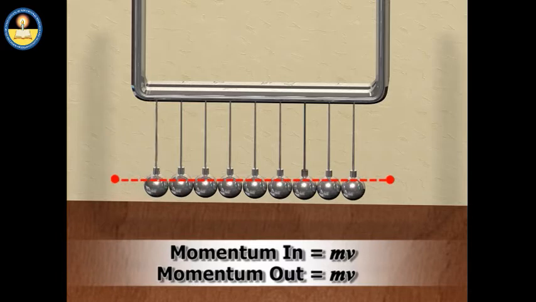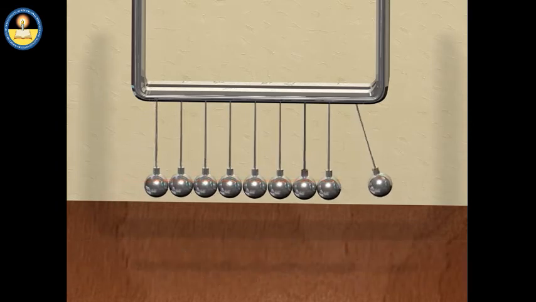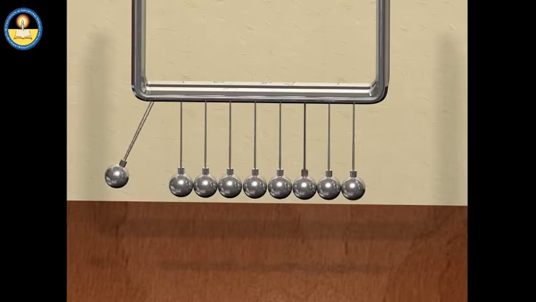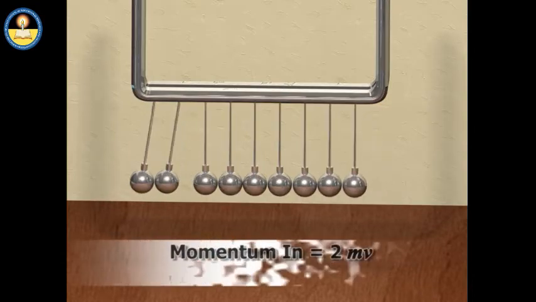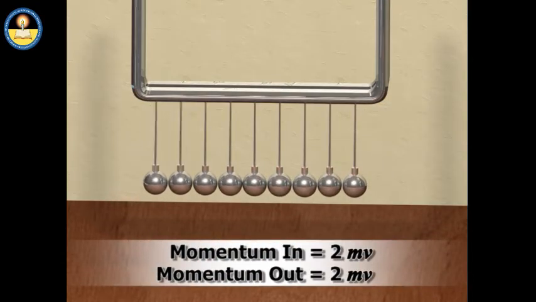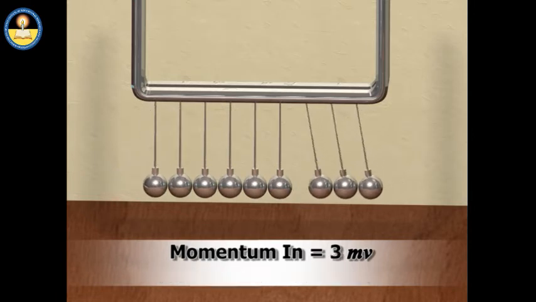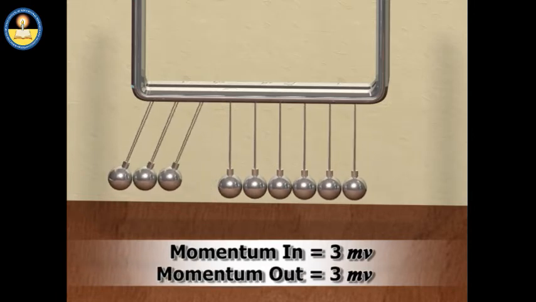This shows that the balls simply exchange velocities. In other words, the final ball attains the momentum of the first ball. Let's repeat the activity by starting more than one ball in motion, as shown.